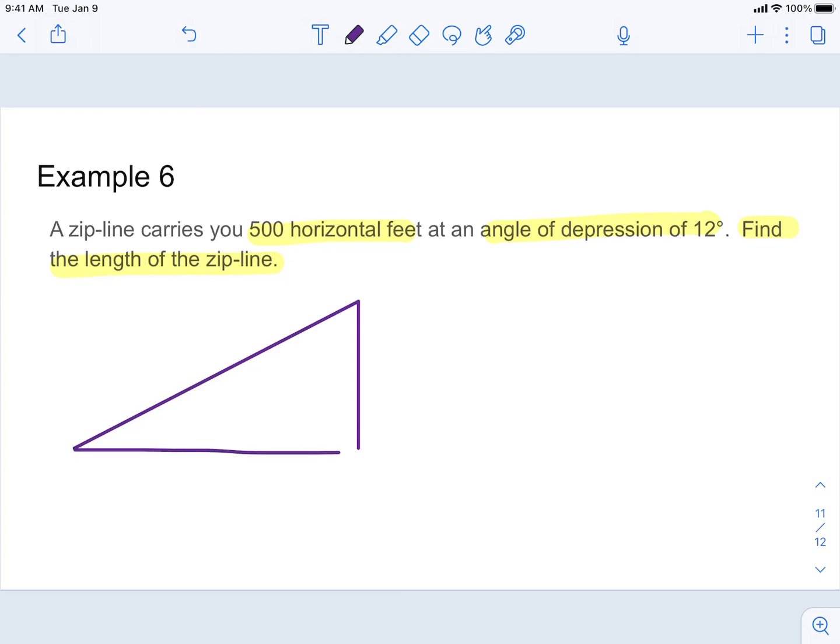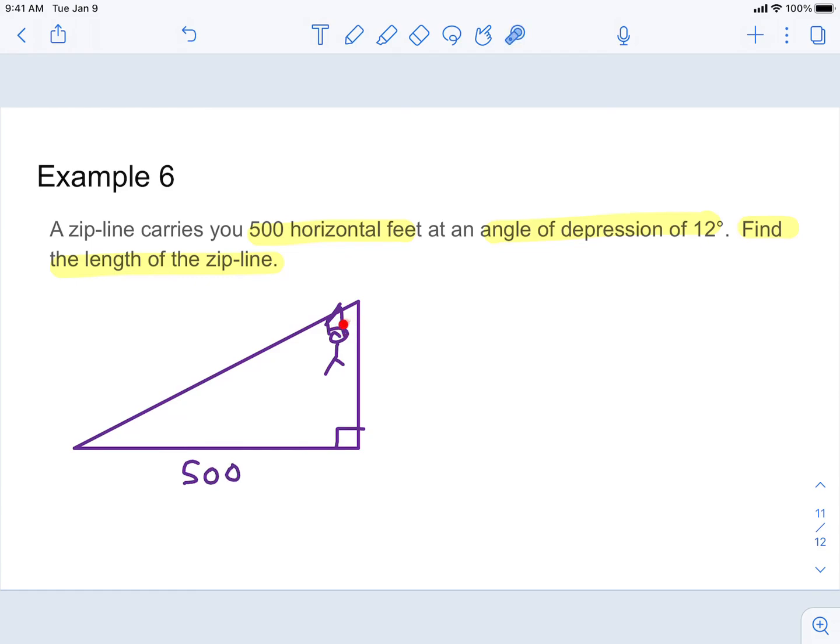All right, so there's my triangle. Hanging on to a little zip line right here. 500 horizontal feet is going to be on the ground. Angle of depression is 12 degrees.